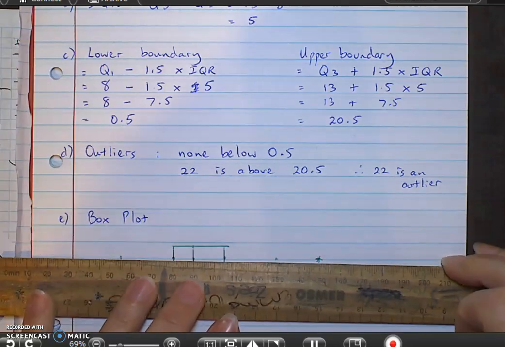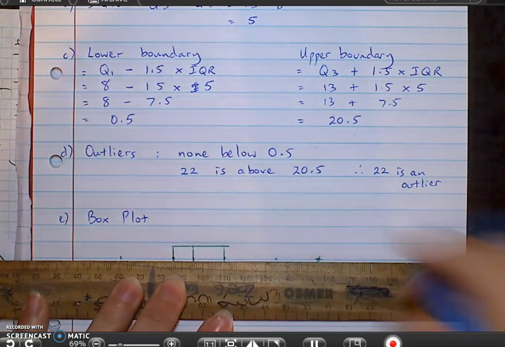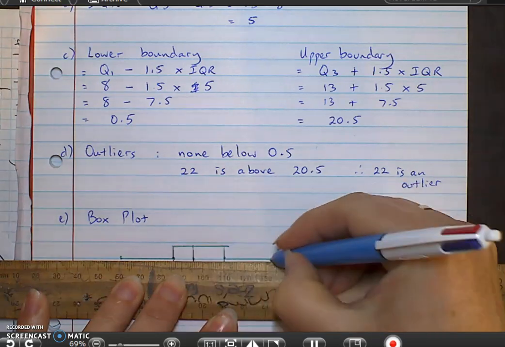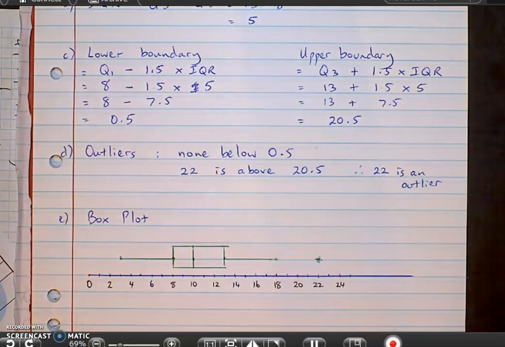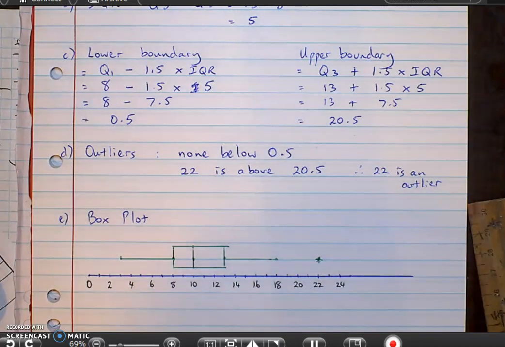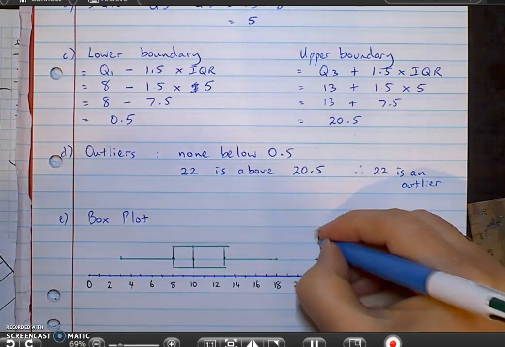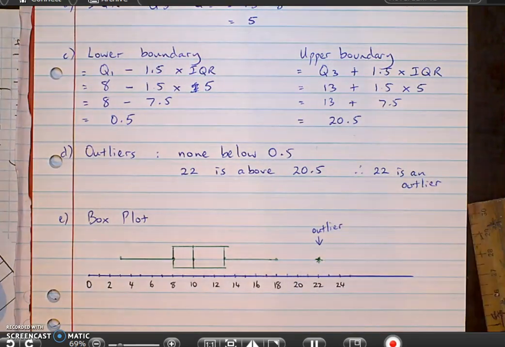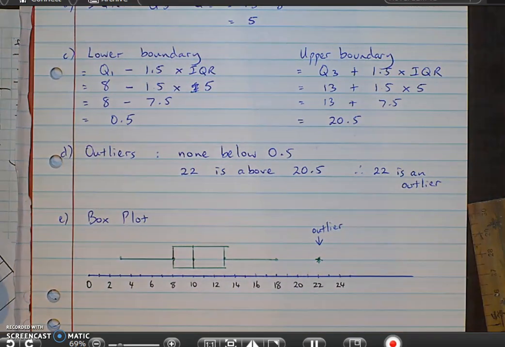Your whisker goes from 3 to 8, and then 10 to 13 to 18, and then the asterisk. So that one is your outlier. Now you guys try exercise 9H3 question 1 and question 3.